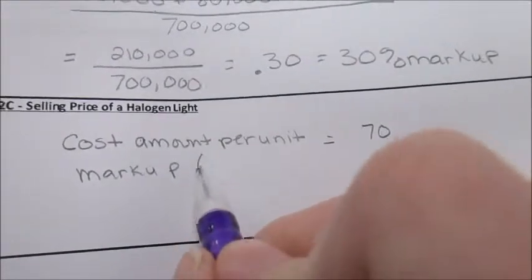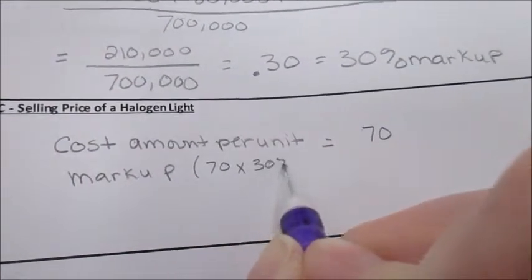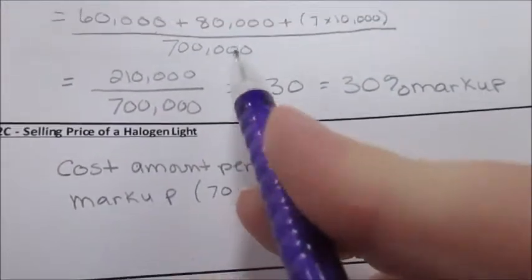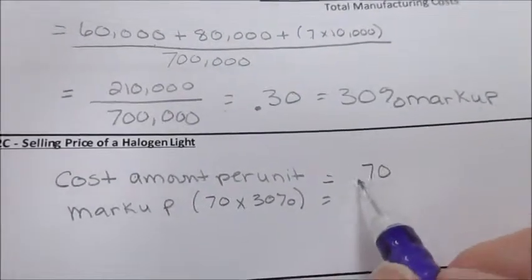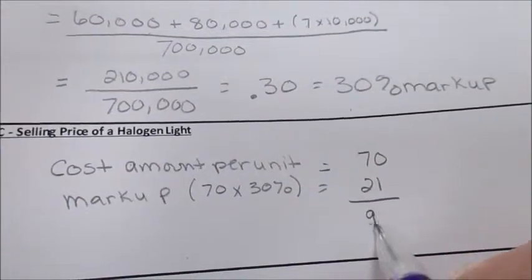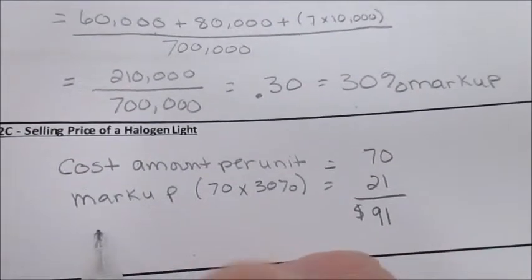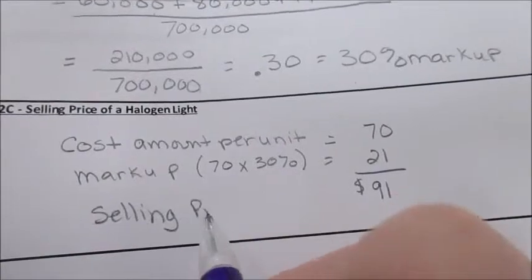Our markup is taking that $70 times the 30% that we calculated in 2B. If we multiply those out, we get 21. Add them together, and we get $91, and this is going to be our selling price. So we're going to sell these lamps for $91.